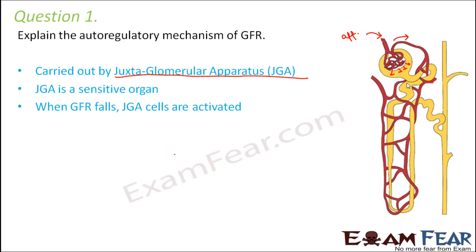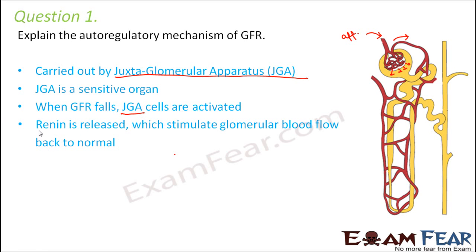Whenever the GFR falls, the JGA cells get activated. And what happens when they get activated? They release a substance called renin.